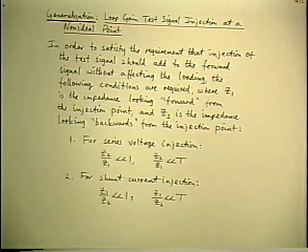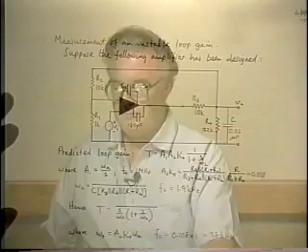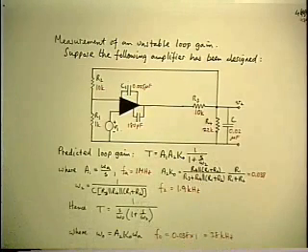Okay, we got one more thing to do now. Here's another example of a feedback amplifier. It's exactly the same circuit as the one we talked about already, and the only difference is numbers, some different values.